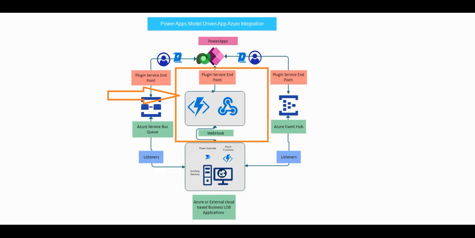So far we have seen how to create the HTTP triggered Azure function webhook, and how to create the service endpoint for the webhook. We also tested that action from the test model driven app. This ends our demo of creating the service endpoints for all the integrations like Azure Service Bus, Event Hub and Webhooks.